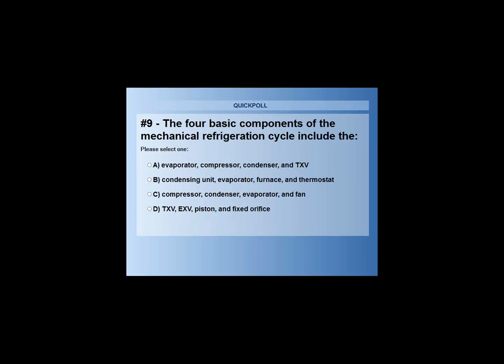B, condensing unit, evaporator, furnace, and thermostat. C, compressor, condenser, evaporator, and fan. D, TXV, EXV, piston, and fixed orifice. So what four components are basic to the mechanical refrigeration cycle? The refrigeration cycle is just one piece of our total HVAC system, but there's four major components in that piece.